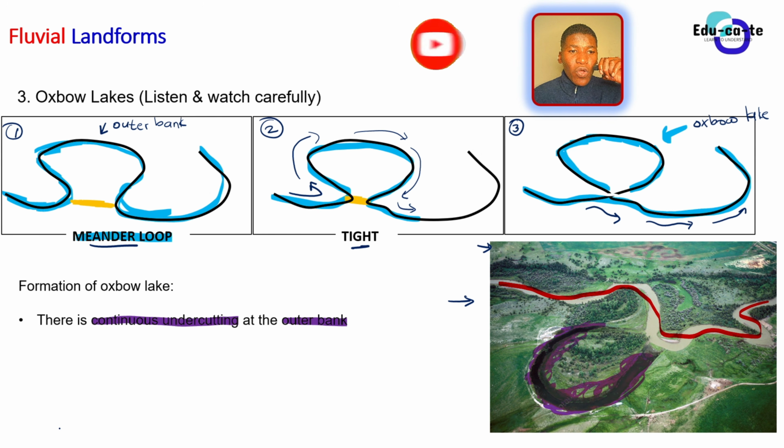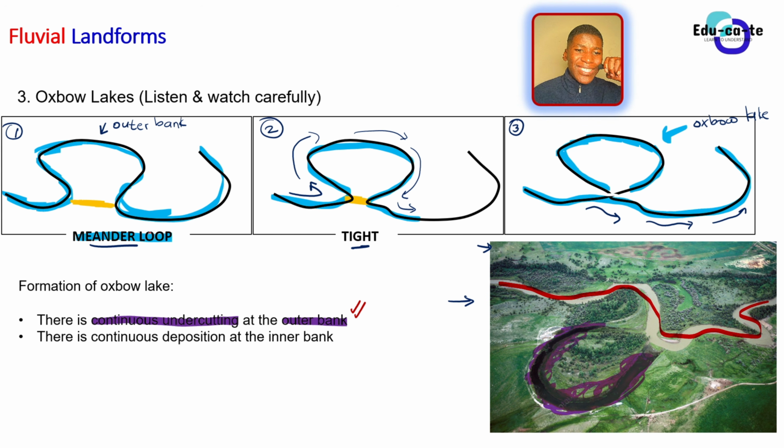So there will be continuous undercutting. And we've said that particularly the name of the erosion is undercutting. So there is continuous erosion at the outer bank of the meander loop. And then there's also continuous deposition at the inner bank, because remember we said that when materials are eroded from the ground at the undercut slope, they will be deposited at the slip-off slope, or in the inner bank.